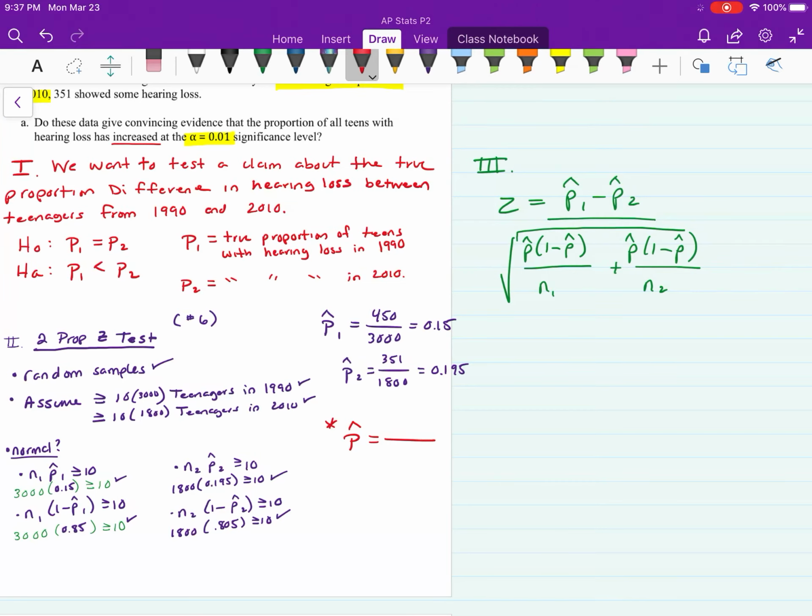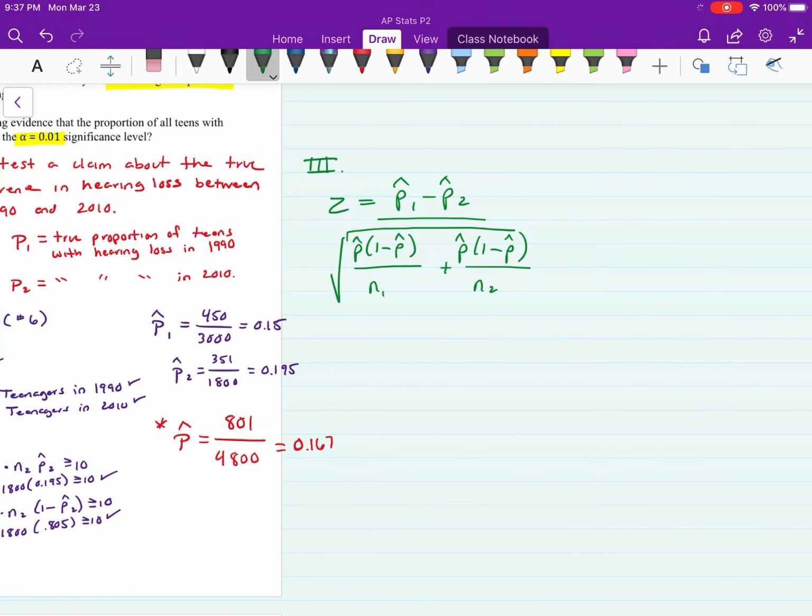So there are 3,000 teenagers from 1990 and 1,800 teenagers from 2010. That is a total of 4,800 teenagers. And add together those numerators, which is 801. And that gives you a p hat of 0.167. So that's going to be what goes in the formula.